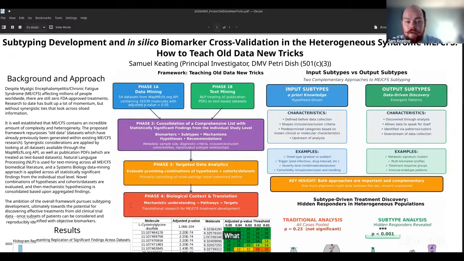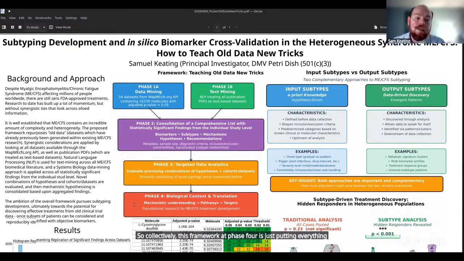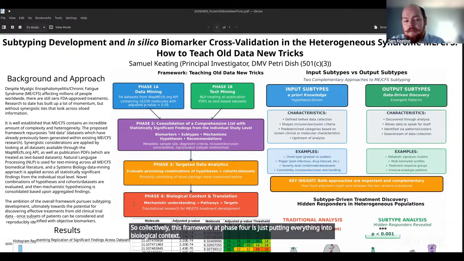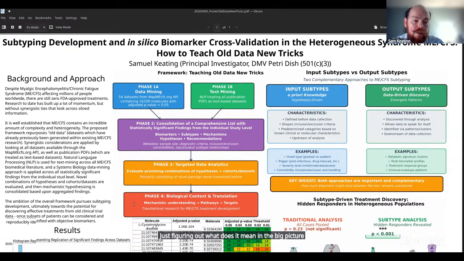What does it all mean together? What is the ramification of this new finding that a study has proposed? So collectively, this framework at phase 4 is just putting everything into biological context, just figuring out what does it mean in the big picture. Not questioning the validity of the findings, just aggregating everything that's been put out there.